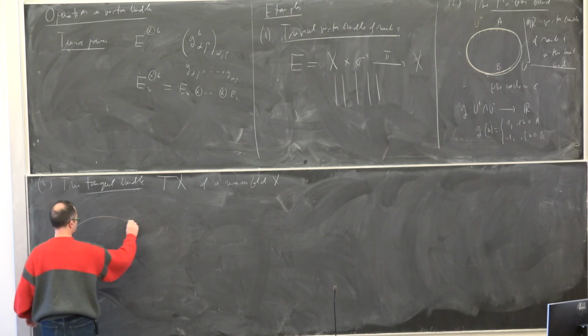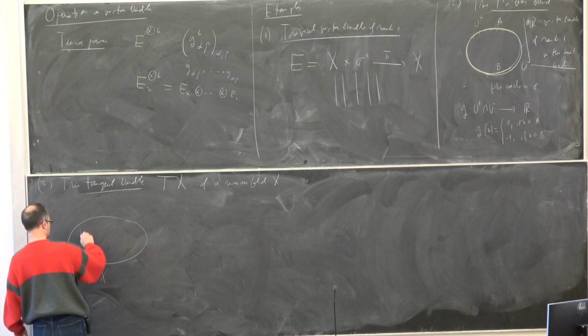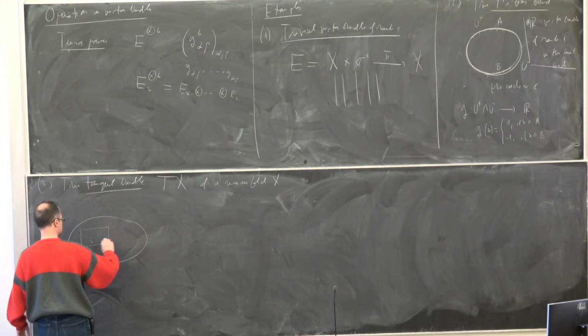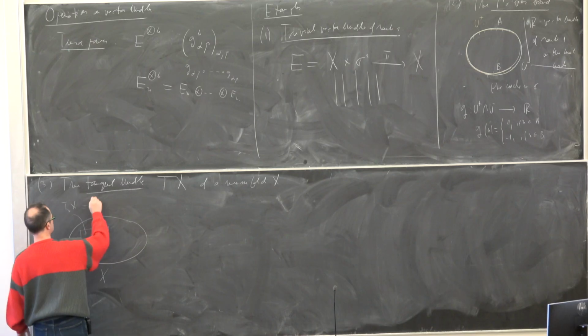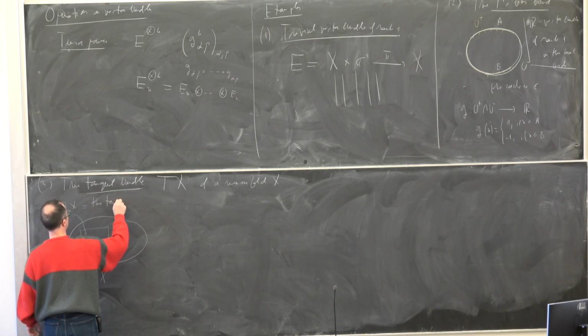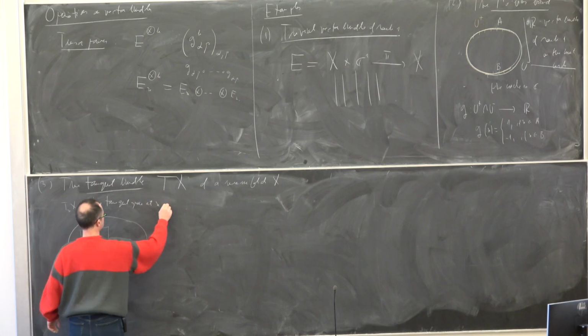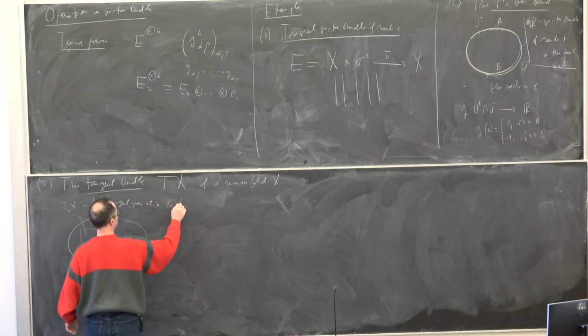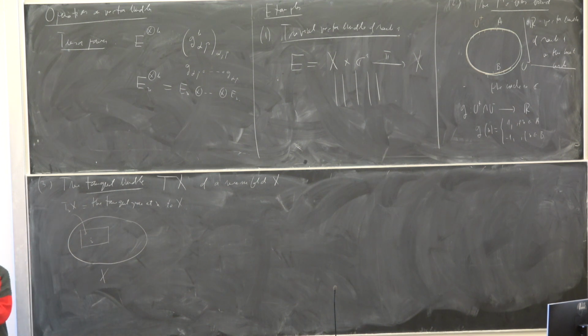So intuitively, what do you do? At every point lowercase x of X, you consider the tangent space. You denote it by T_x X. This is the tangent space at lowercase x to capital X. So this can be seen as a local straightening of the manifold. The manifold can have curvature, of course. It's usually widely curved.